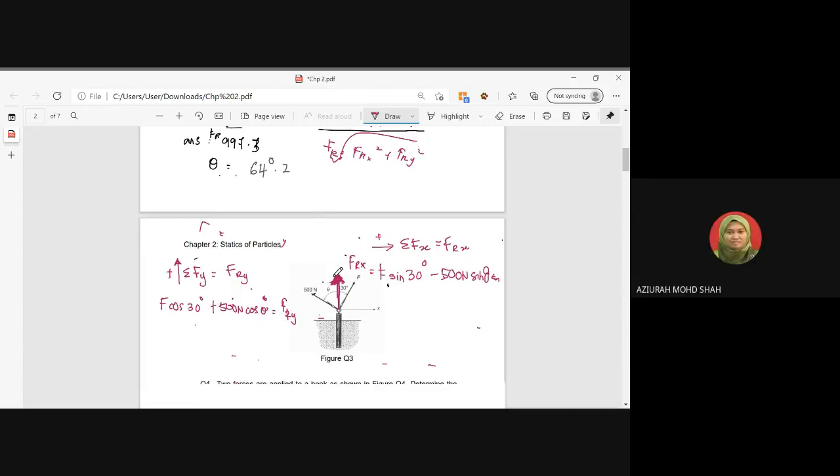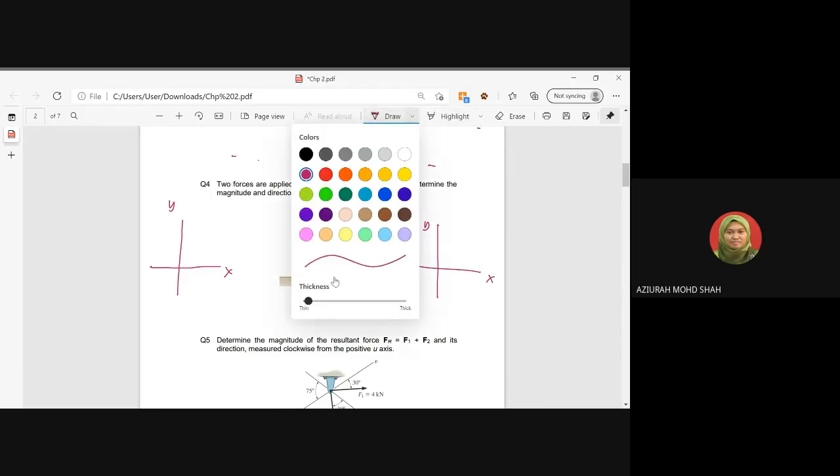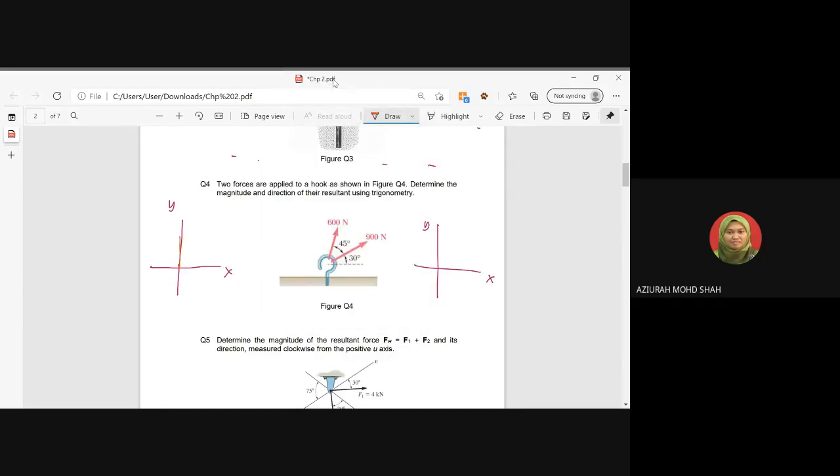Okay, kita buat kat sini. Saya nak kamu bezakan. Kalau saya ada, this is Y, this is X. Resultant force. Satu tu resultant force dia duduk macam ni.